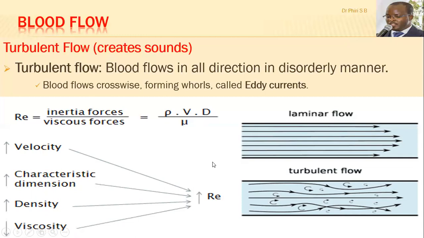So there's a difference between density and viscosity. When you're talking of density, this is the measure of space between two particles. That measure of space between two particles is called density. But viscosity is the parameter to measure the thickness or the thinness of any fluid.